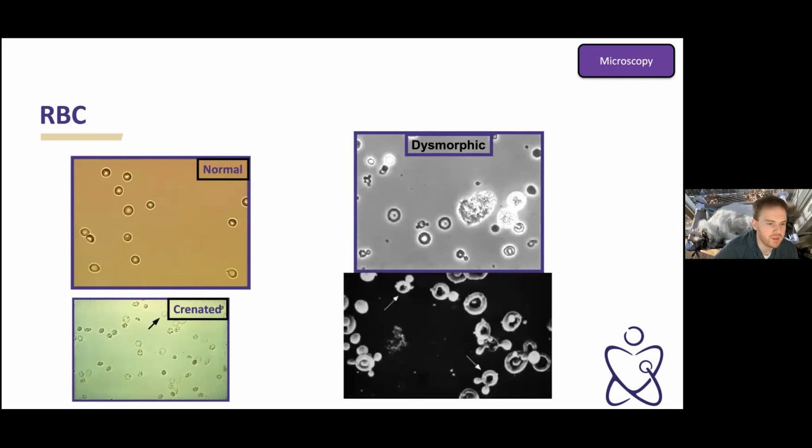Crenated, another term is burr cells, where you're going to have alterations in the cellular membrane, which can happen from collection in the tube, like too much EDTA or other things like that. And then dysmorphic reds really have this very prominent Mickey Mouse appearance. I think this one right here is really a perfect Mickey Mouse.